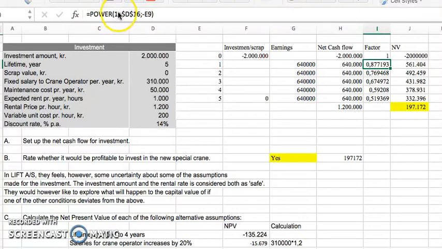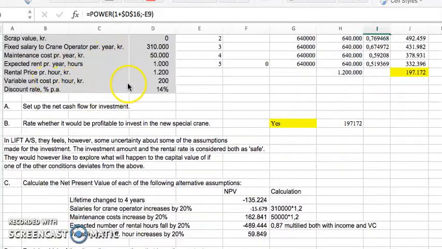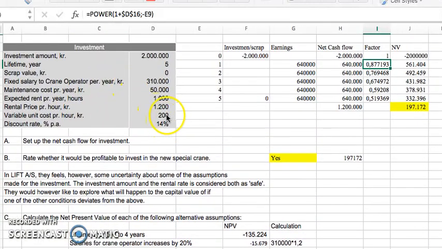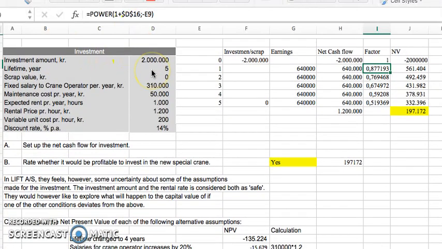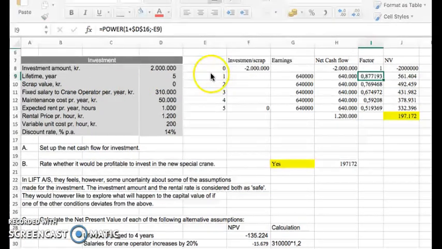Brackets 1 plus D16, that's the discount rate, comma, minus E9, that's the amount here, so what year we're actually in.